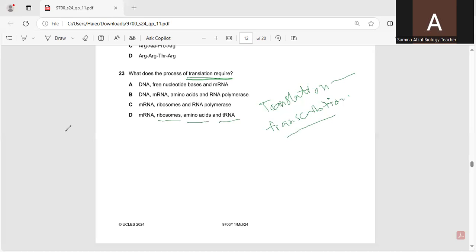So during transcription, the formation of messenger RNA takes place; in translation, the formation of protein, or you can say protein synthesis, takes place. So D is the correct option in this case.